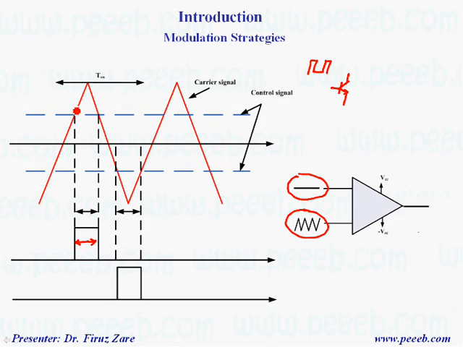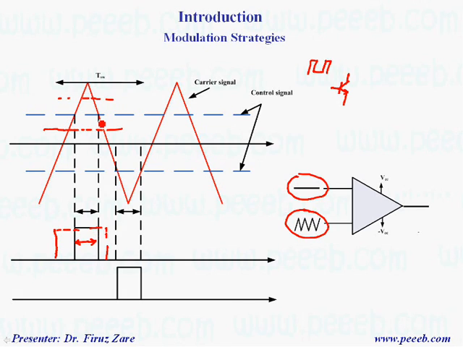That means by increasing or decreasing the DC voltage, we can get a wider pulse, or we can change the pulse width. So this is one method that we can control the pulse width for some applications.